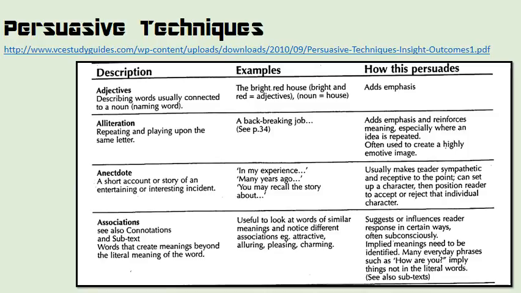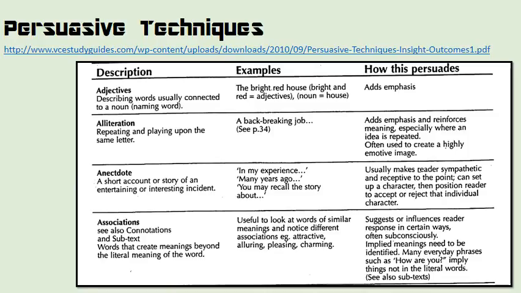Alliteration, A-L-L, assonance, the emphasis is on the vowels. So assonance, vowels, alliteration, consonants. You don't need to have memorized which letters of the alphabet are the consonants. Just memorize which of the letters of the alphabet are the vowels. There are 5 of them.